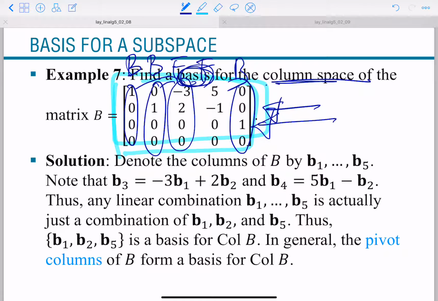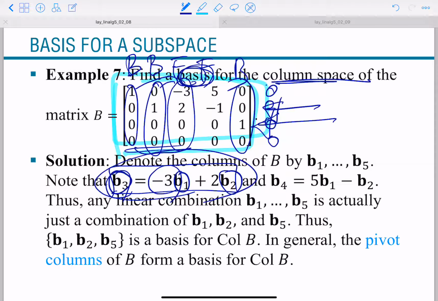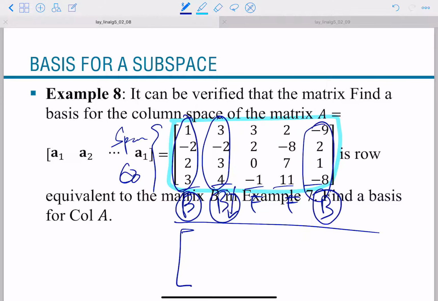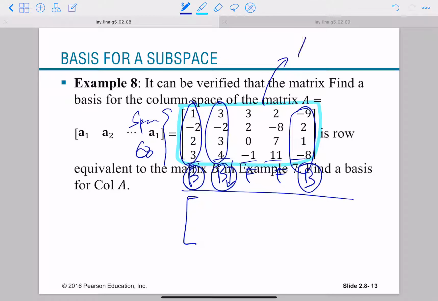That relationship was obtained from the reduced echelon form, but since they are row equivalent, they are equivalent linear systems having the same solution set. Considering this a homogeneous linear system, this relationship can be easily obtained, and we just replace B1, B2, and B3 with A1, A2, and A3 respectively. That will still be the solution for the original homogeneous linear system.